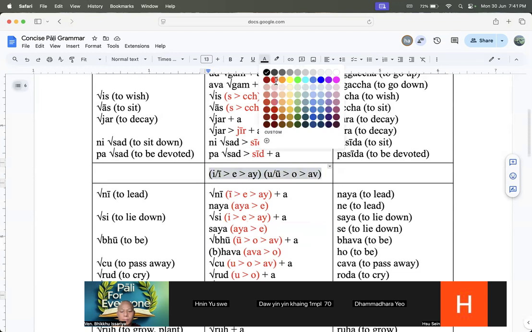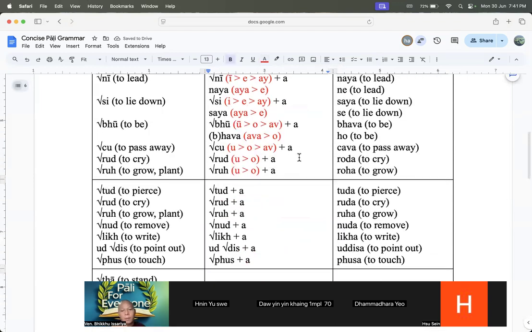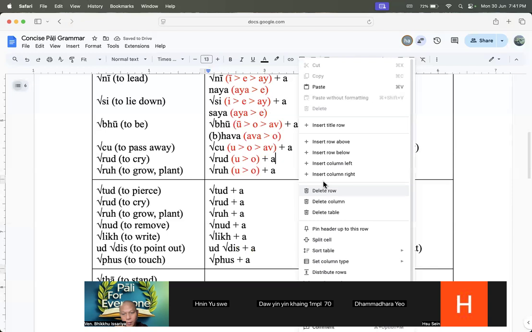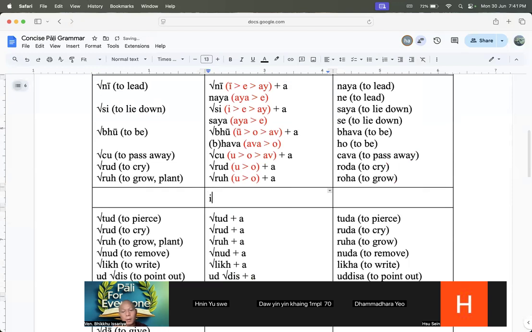And then now, in this group, actually root E is not found in the middle. Also E vowel or U vowel in the middle of the roots are not found.